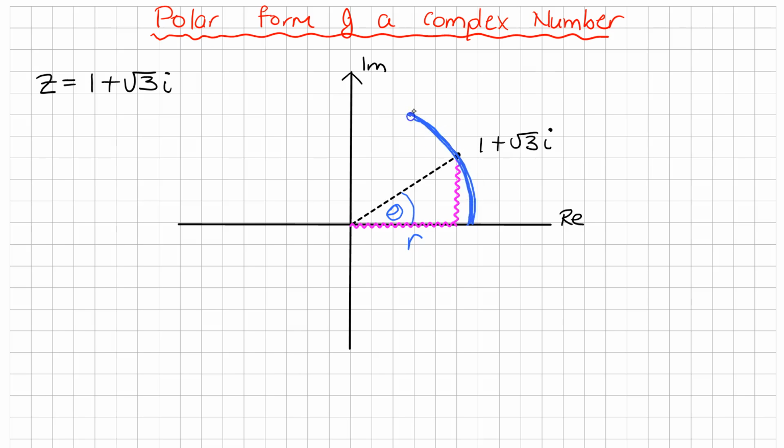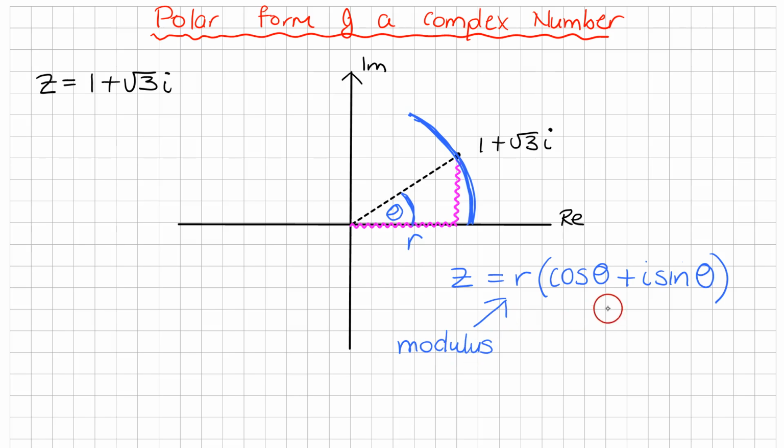Then our complex number z equals r cos theta plus i sine theta, where r is called the modulus, i.e. the length of the complex number from 0. And theta here is called the argument, or arg for short.